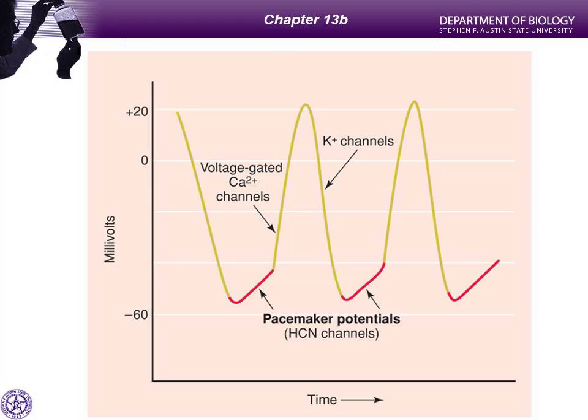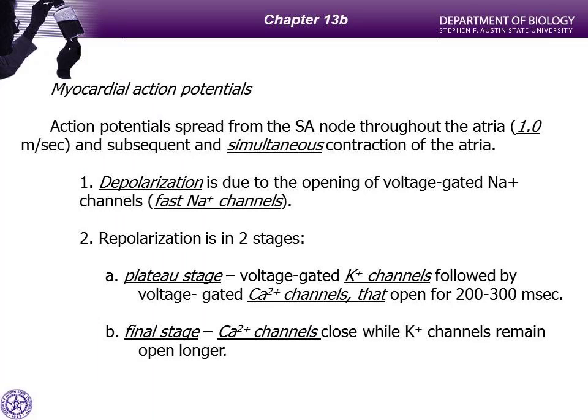And the cells of the sinoatrial node are specialized. They have gap junctions. They're connected to our myocardial cells in the atrium. And when that depolarization flows through, those ions flow through and depolarize those atrial myocardial cells, they go through a similar yet different electrical potential cycle.